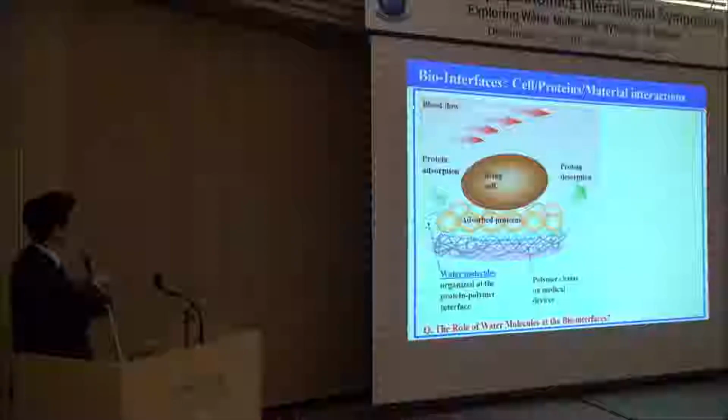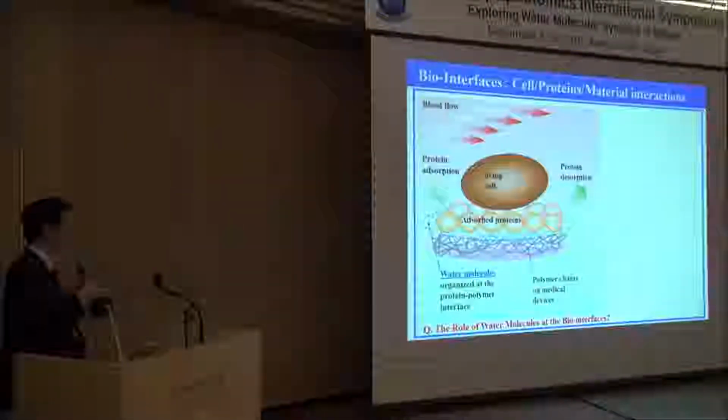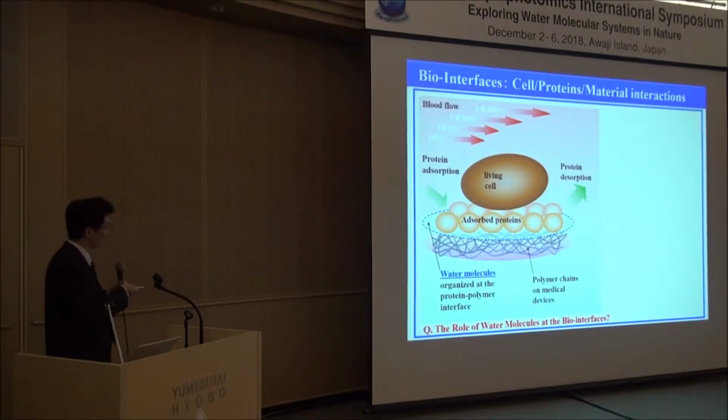If you look at this, this is the typical biointerfaces in the real world. What you see here is the polymer chains, coated polymers on various medical devices. Okay, so you see here.